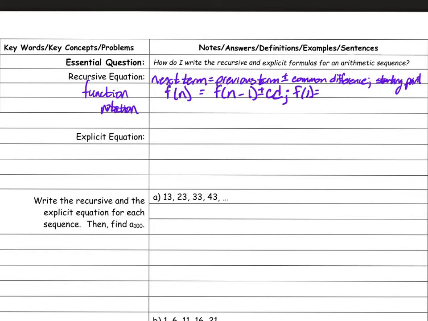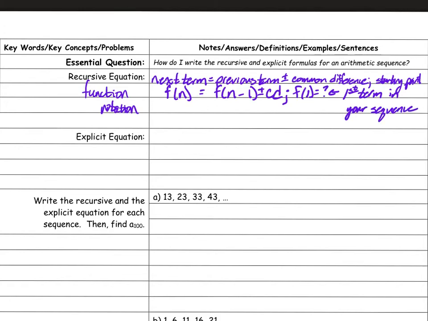Okay? Where do I start at? f of 1 equals whatever it is in my sequence. So what does f of 1 equal? Depends on your sequence, right? So it's the first term in your sequence. So I'm going to write that here. First term in your sequence.